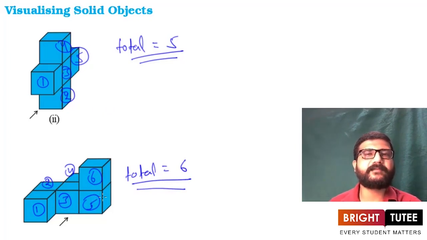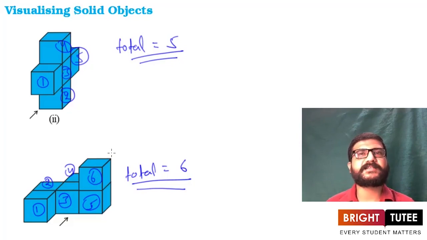So this is how we can count the number of cubes or number of shapes by combining which we are getting a different solid shape. Here we have discussed solid shapes which were combinations of cubes. Similarly, we can have solid shapes which are combinations of cuboids as well. But counting will be in the same method only.